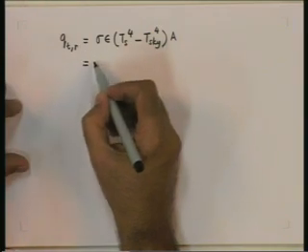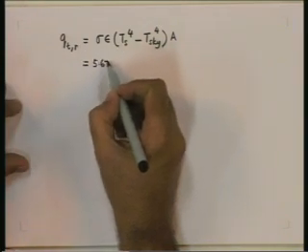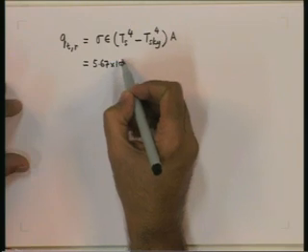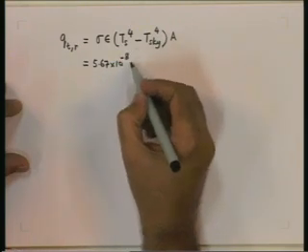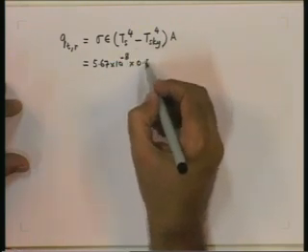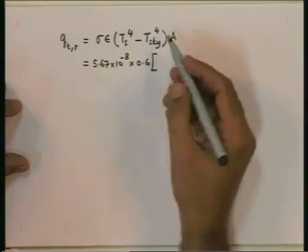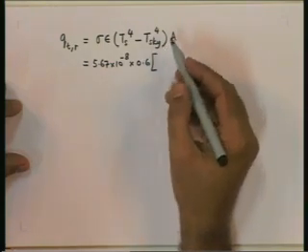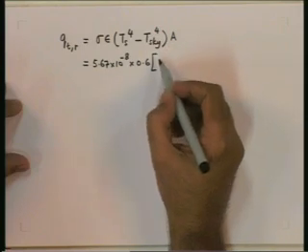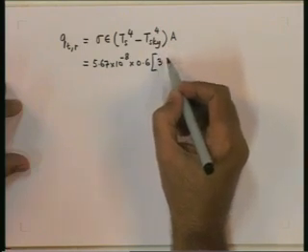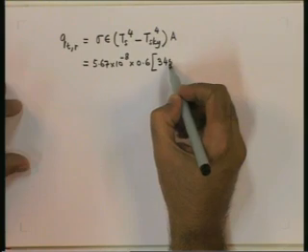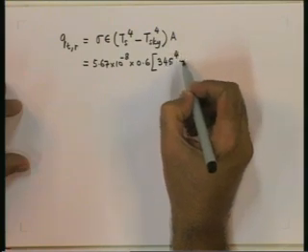This is 5.67 into 10 raised to minus 8, epsilon is 0.6. Now the surface temperature is 72 degrees C, which is 345 Kelvin raised to 4.